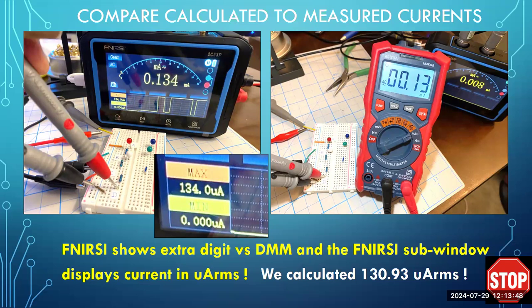So the slide shows how the current measurements compare between the tablet oscope by FNIRSI, I'll call it FNIRSI for lack of knowing a better way of pronouncing that, and the digital multimeter we've been using all along in our lessons.